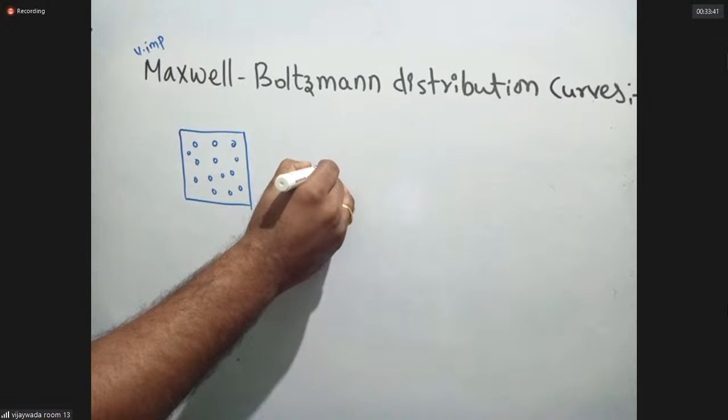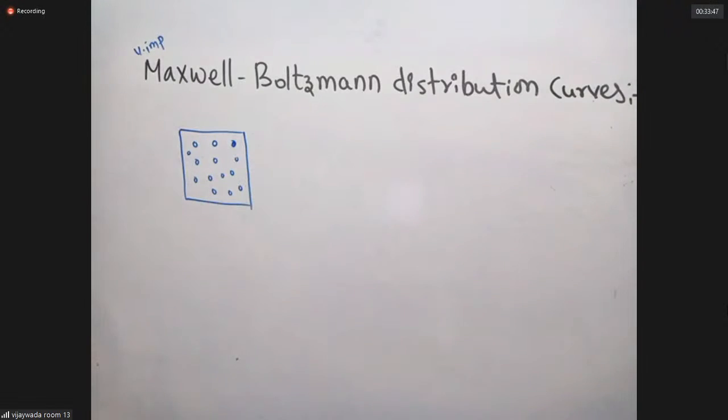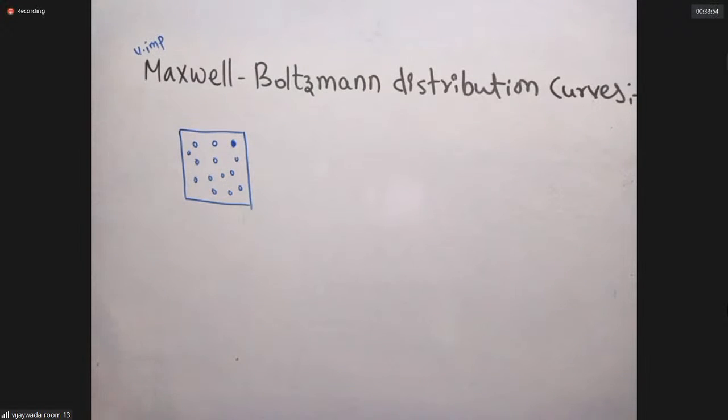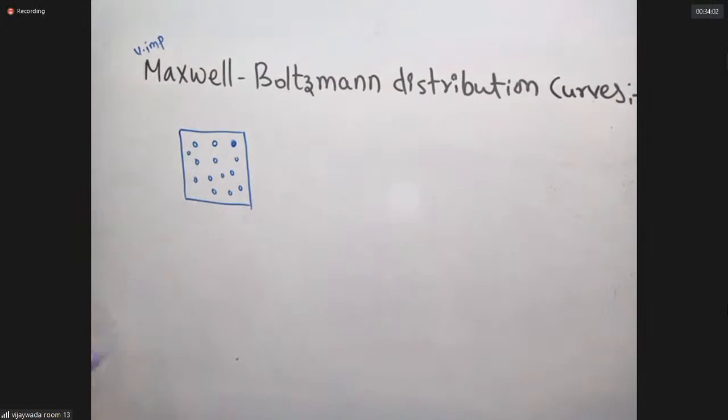So let us consider this molecule. Can you say exactly what the velocity of this molecule is? Definitely impossible. Why? This molecule's velocity is not constant.